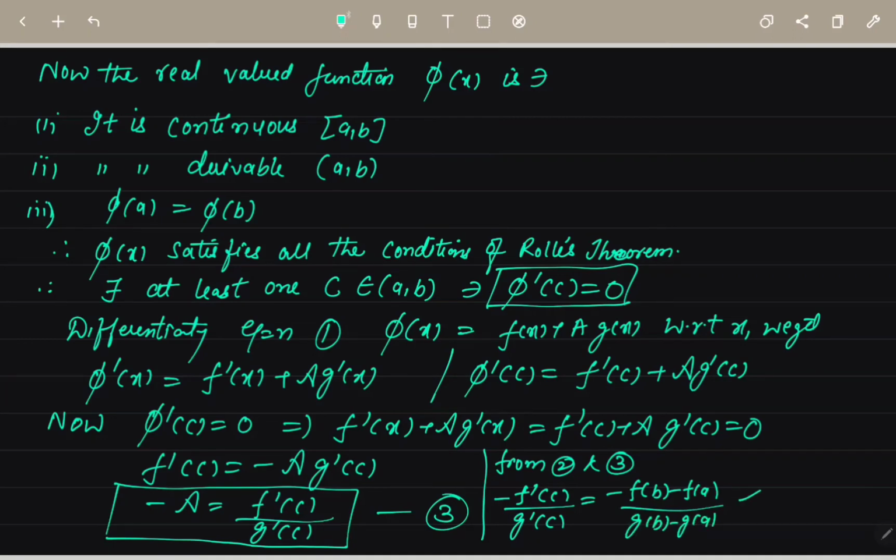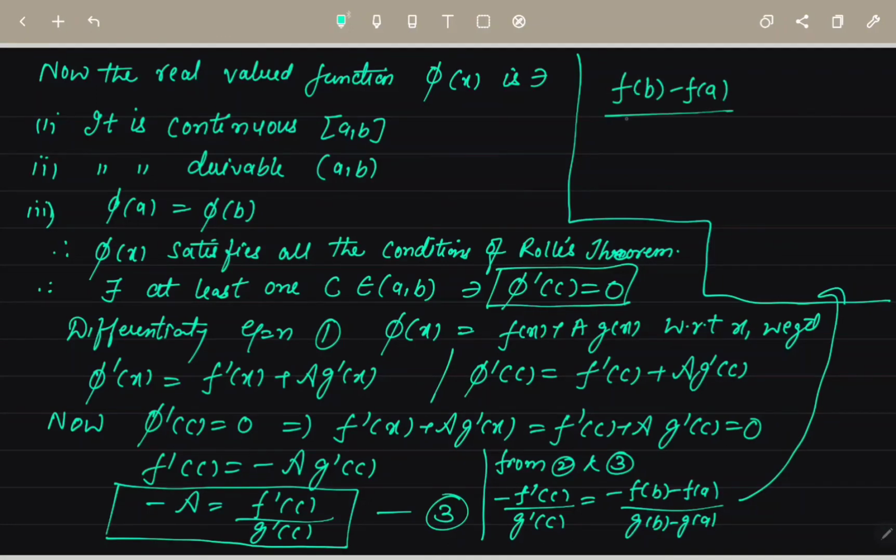Or I can write f of b minus f of a divided by g of b minus g of a is equal to f dash c divided by g dash c, where c belongs to the open interval a b.